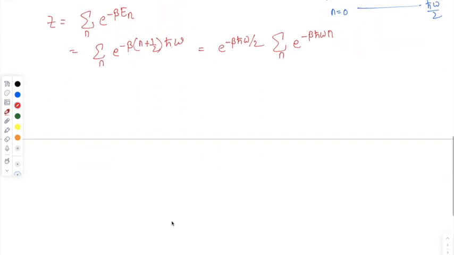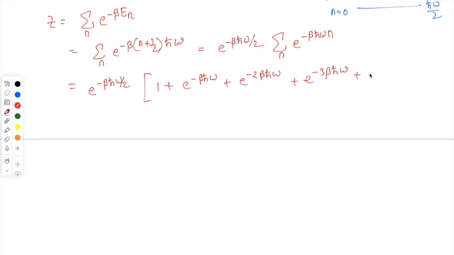So now what can we do? We open the summation, and what we get is an infinite series, where n goes from 0 to infinity.